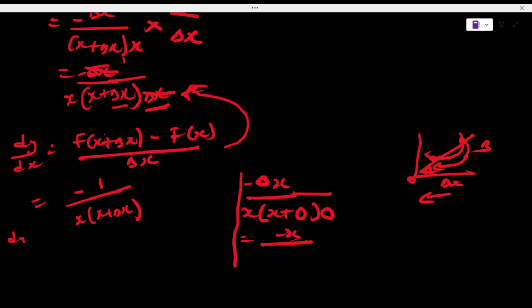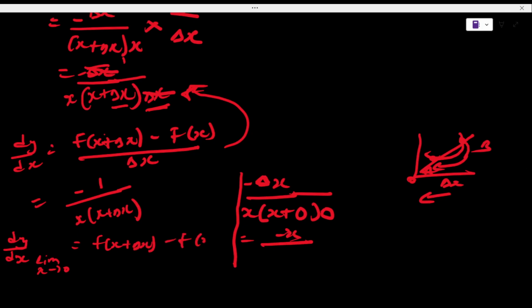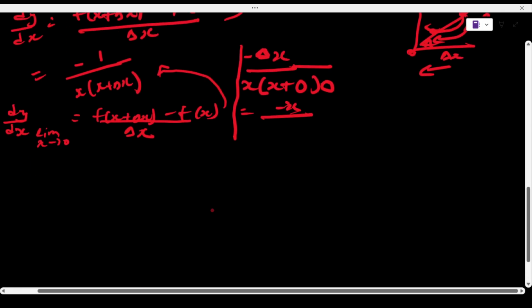Now we are going to move on to the limit. So the derivative dy dx, when change in x is approaching 0, will be given as f of x plus change in x minus f of x, divided by change in x. So now this is the value we get for the formula. So now that means all our change in x here, we are going to turn them to 0.